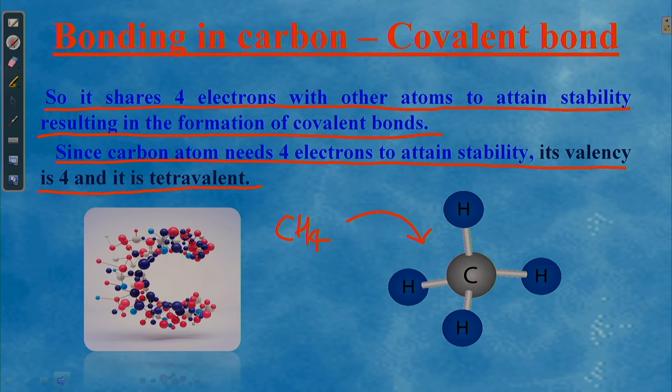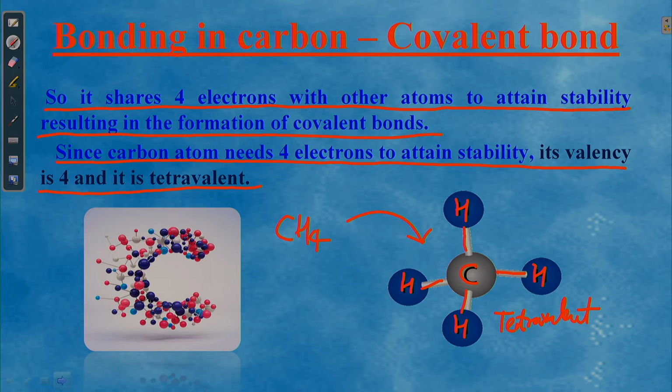Here you can see carbon is present at the center and 4 hydrogens are present in 3D manner, where 2 hydrogens are in the plane, 1 hydrogen is above the plane and 1 hydrogen is placed below the plane, and this structure is known as tetravalent.